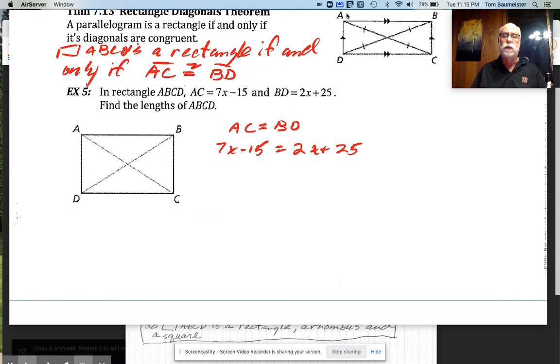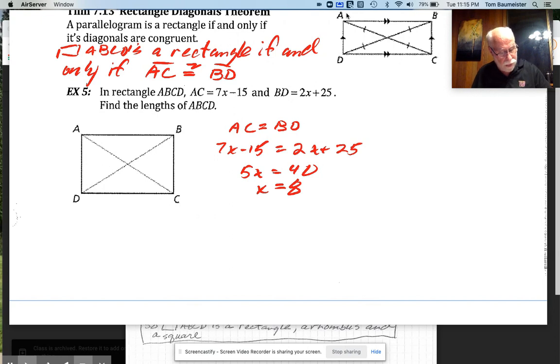So again, I'll subtract that 2x, so that'll give me 5x. Now I'm going to do it all in my head in one fell swoop. I'm going to move that 15 over to the other side, and so that'll make it positive. So 25 plus 15 is equal to 40. And if we divide by 5, that'll tell us that x is equal to 8.